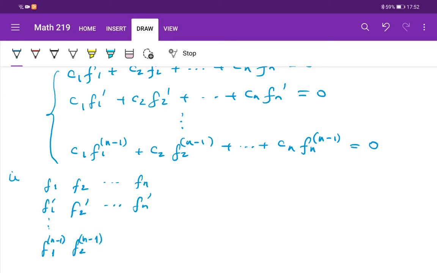So these are the higher derivatives. The above set of equations is precisely this homogeneous system.